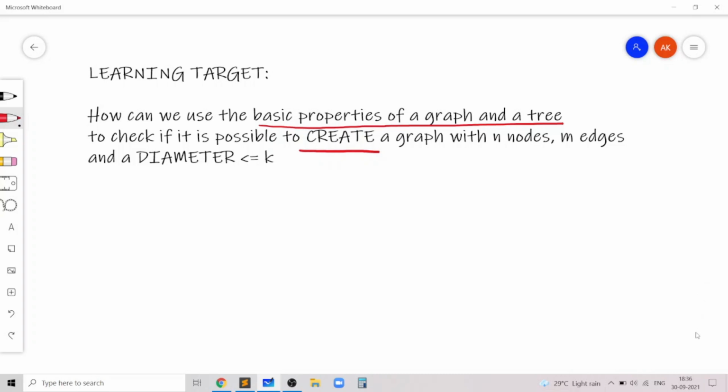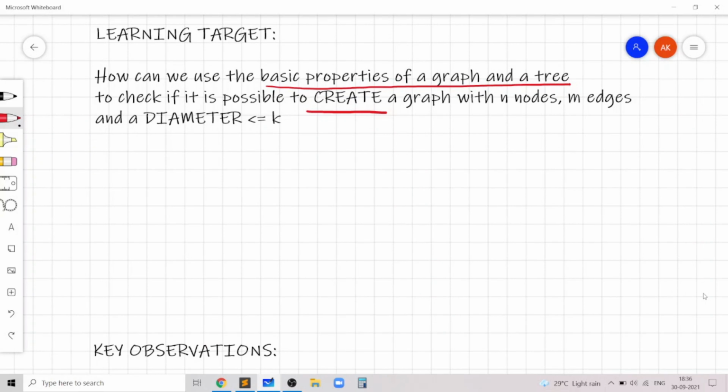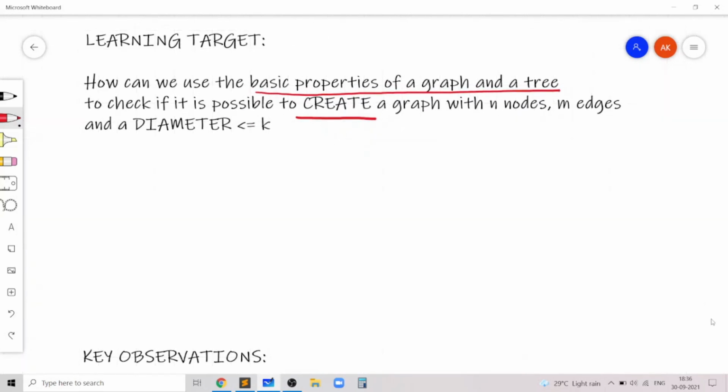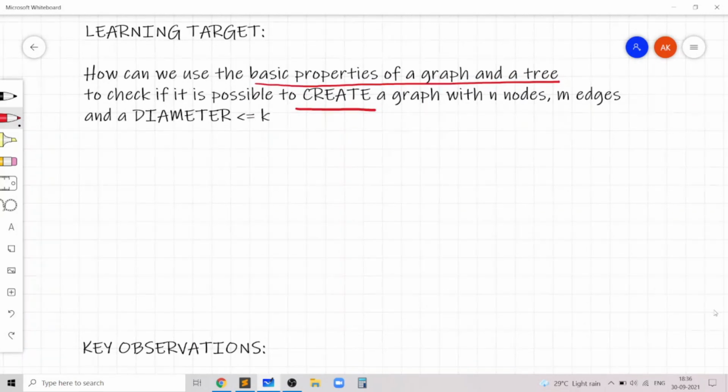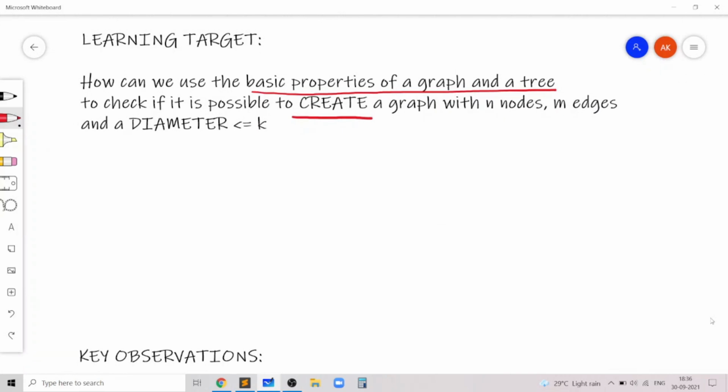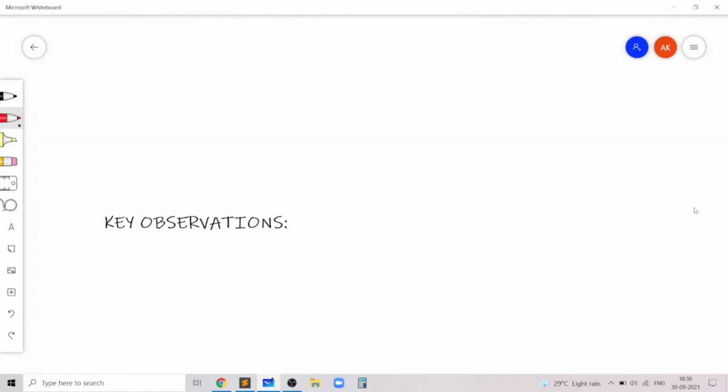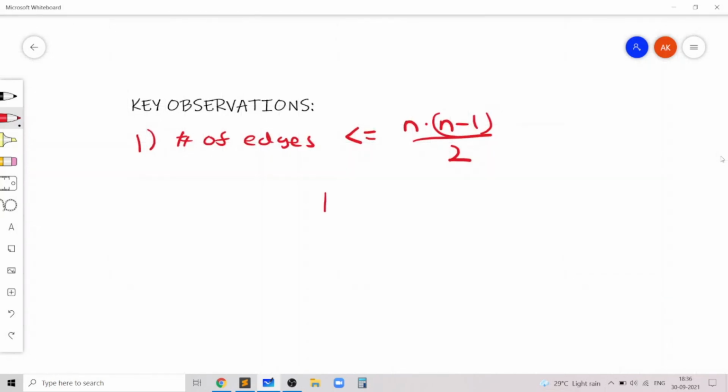So let's try to make some observations in this problem, and those observations will rely on the fact that the number of edges in the graph can be up to n choose 2, or basically n into n minus 1 by 2. And to understand this visually, let's look at a maximal case.